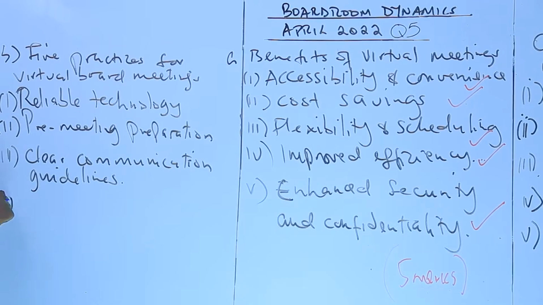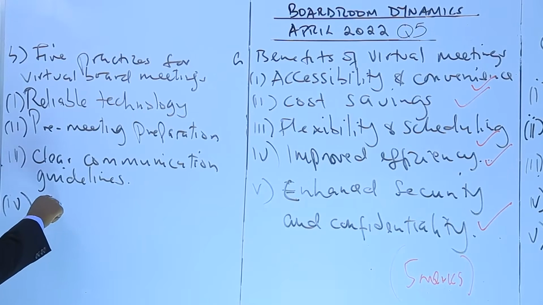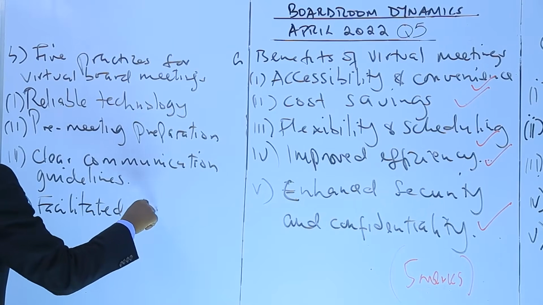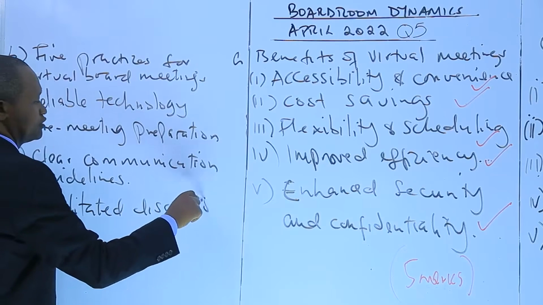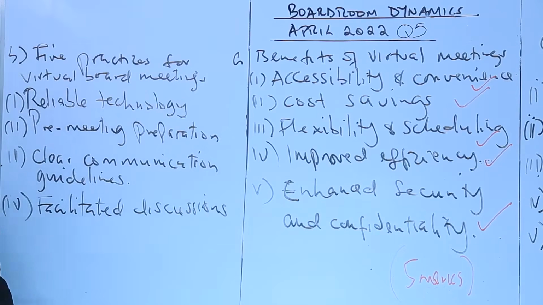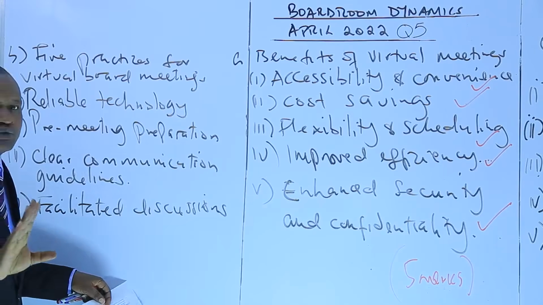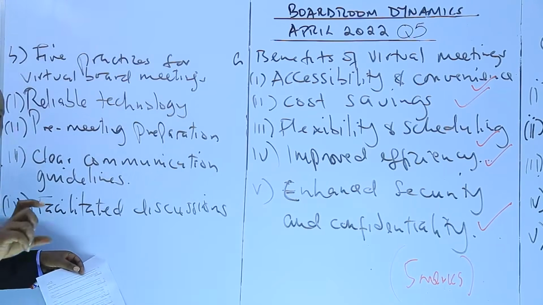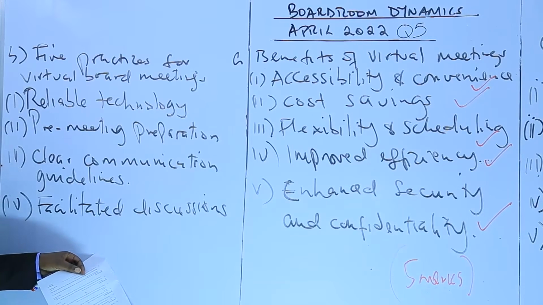Number 4, facilitated discussions. The board may consider appointing a skilled meeting facilitator or a chairperson to guide discussions, to keep the meeting on track, and ensure that all participants have an equal opportunity to contribute.